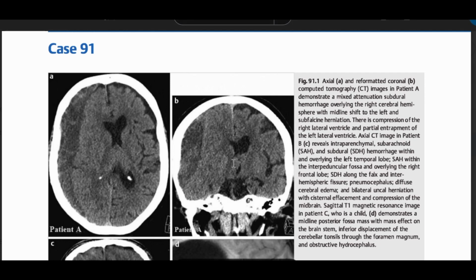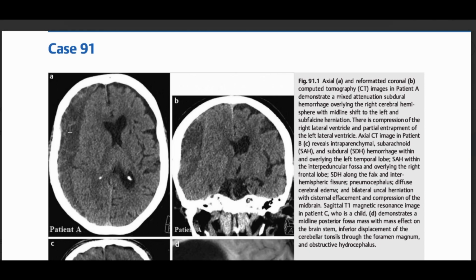There is subfalcine herniation. There is compression of the right lateral ventricle. It's occluded here. There is compression of the right lateral ventricle and partial entrapment of the left lateral ventricle.